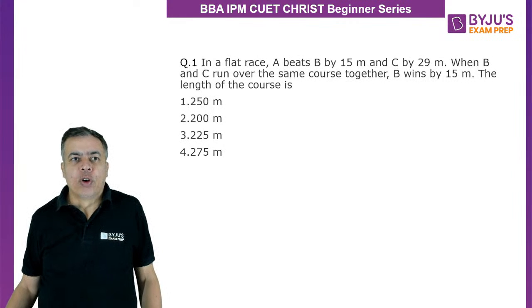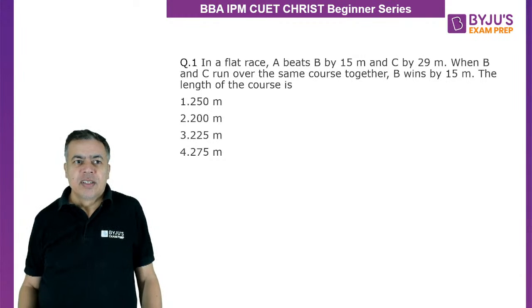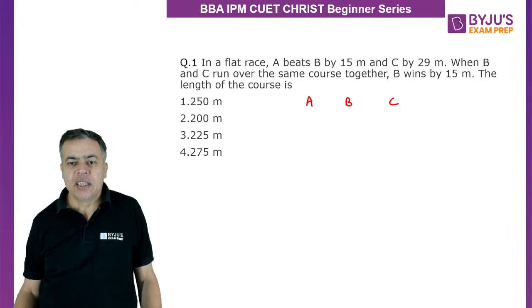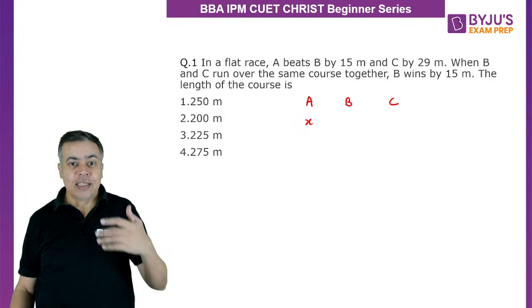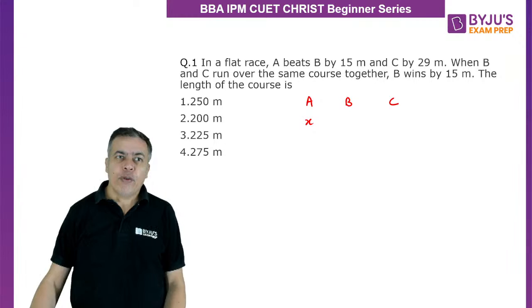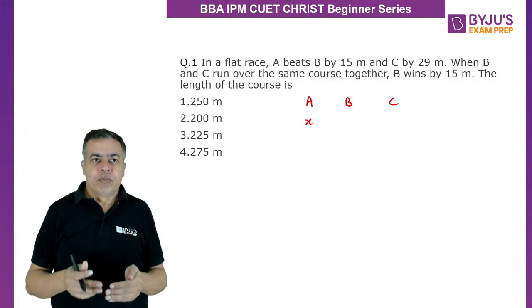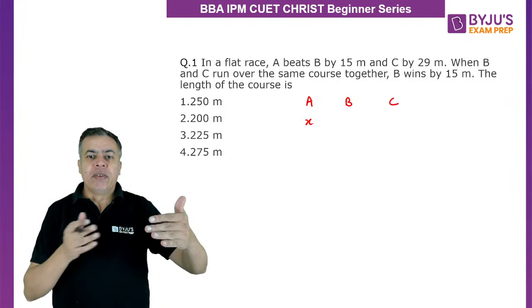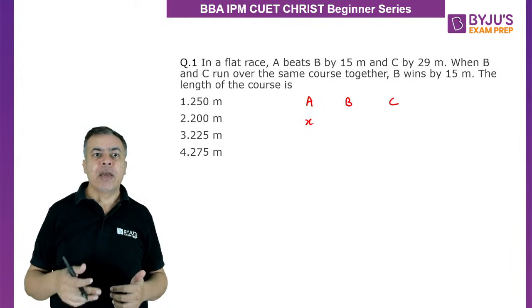you can go for that algebra part, that means taking the length of the race to be x. Because A can beat B by 15 meters, so if I take A, B and C, when A runs the complete x meters, so let's say the length of the race is x meter, if A travels the complete x meter, B at that time will be 15 meter behind because A is beating B by 15 meter.